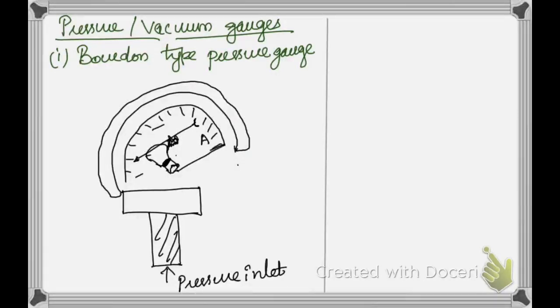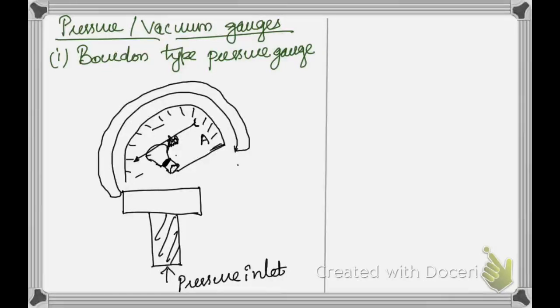The graduation is done in such a way that the zero of the gauge corresponds to atmospheric pressure. So whenever the gauge reads 0, it corresponds to atmospheric pressure. By suitably adjusting the graduations, negative and positive pressures can be indicated within the gauge itself.